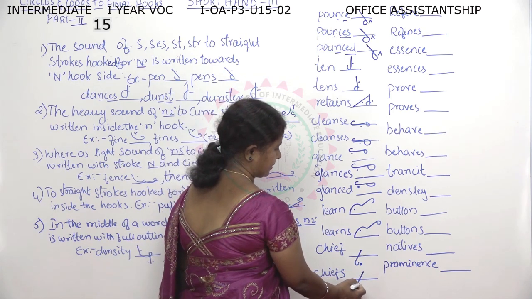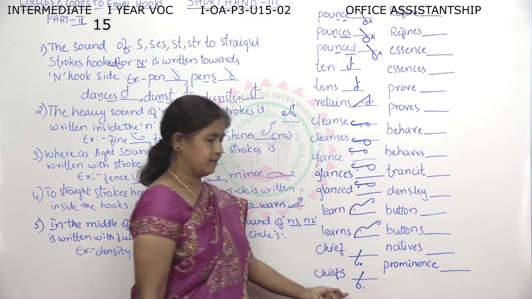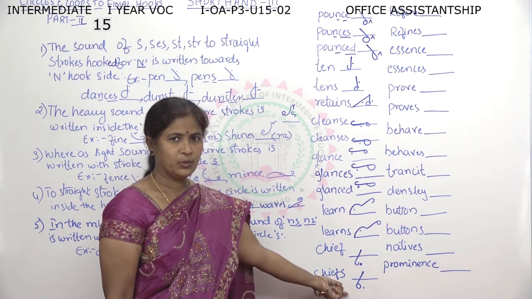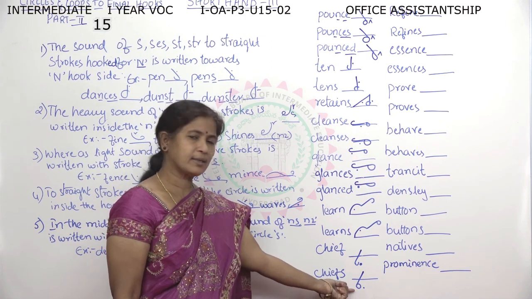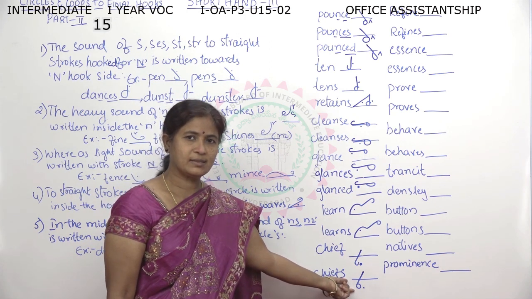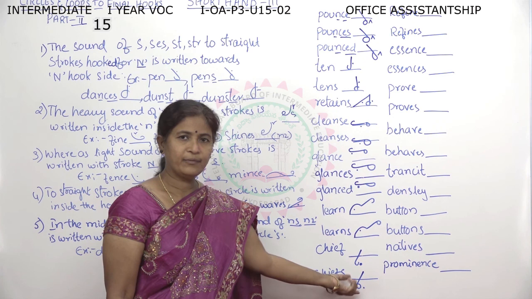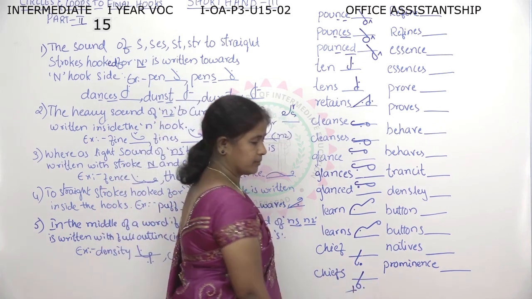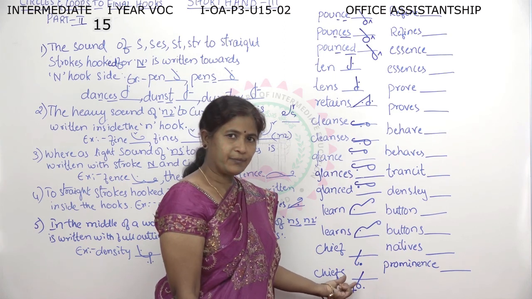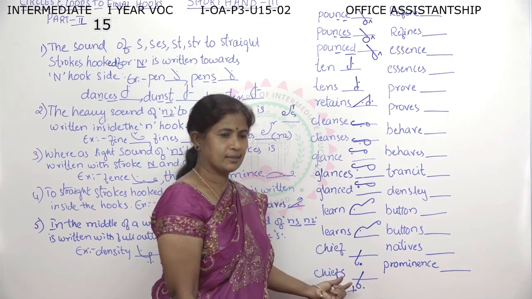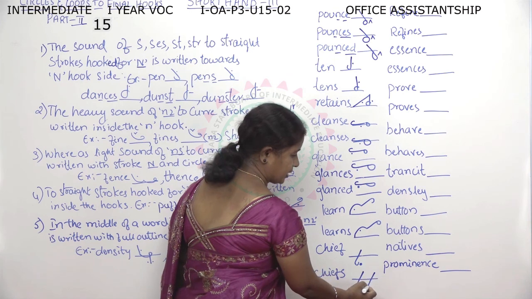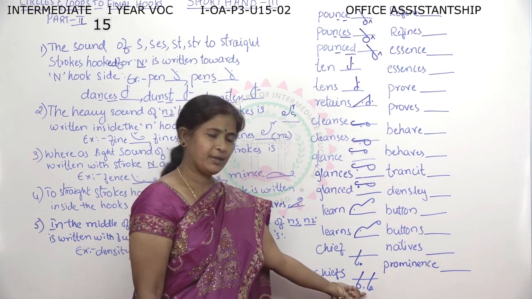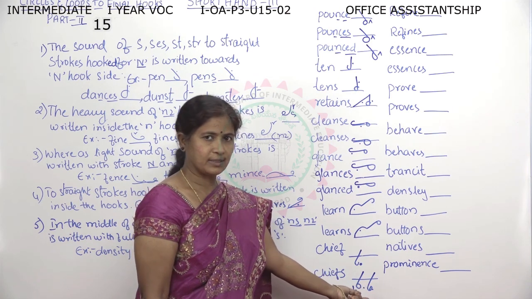J and S. Now what happens? I have written circle S towards the F hook side. See, if I close the circle completely, it gives the sound of cheese, only S. Okay, F hook is not seen. So this is wrong. Chiefs means the F hook is also seen inside the circle. Chiefs, J, F hook and circles. మనకి F hook కనిపించాలి and circles కూడా కనిపించాలి. Okay.